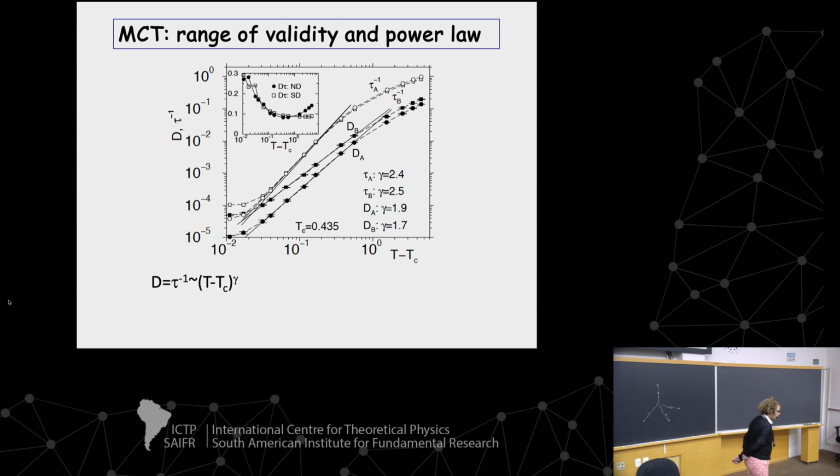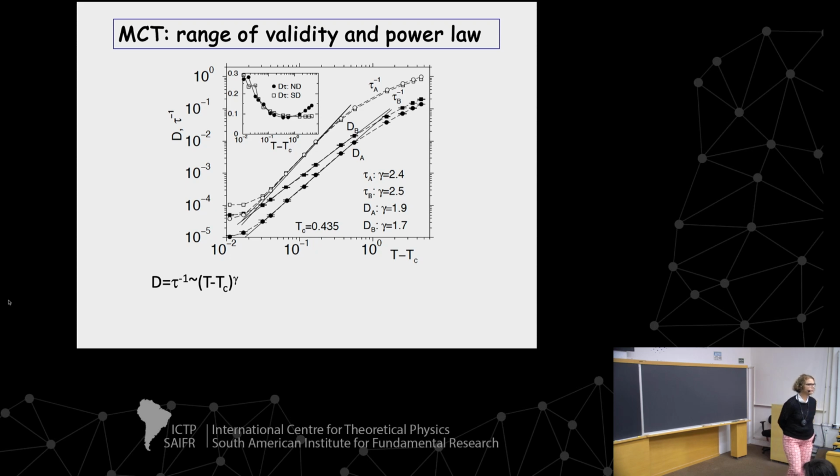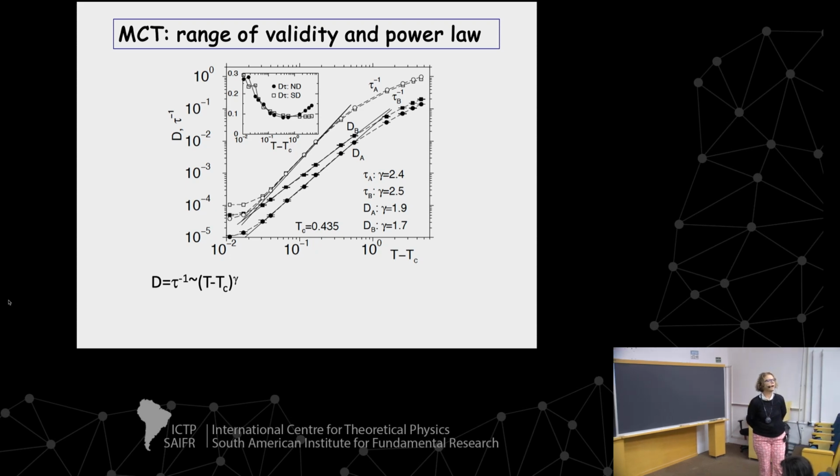So MCT, as I was telling you, has a range of validity. First of all, when you start from high temperature, at the beginning you start seeing the plateau developing, but the cage is not well formed. And you have to see with your data what is the moment in which mode coupling starts to be valid.